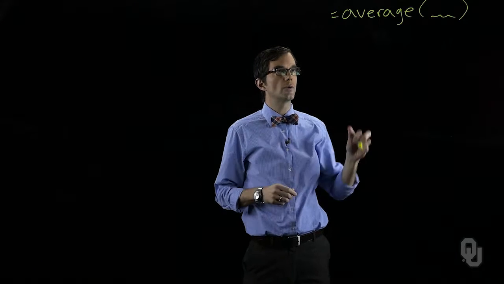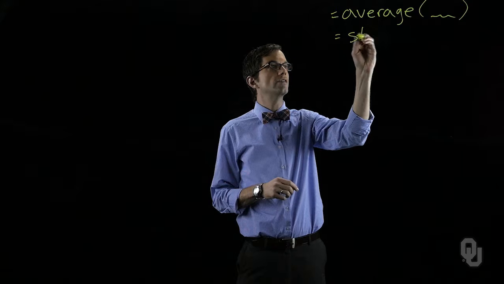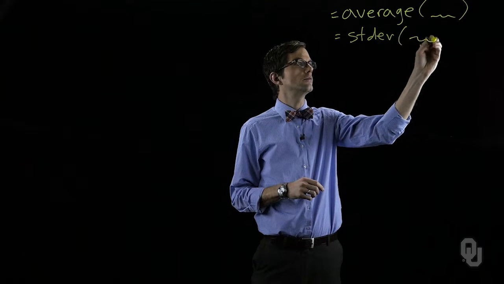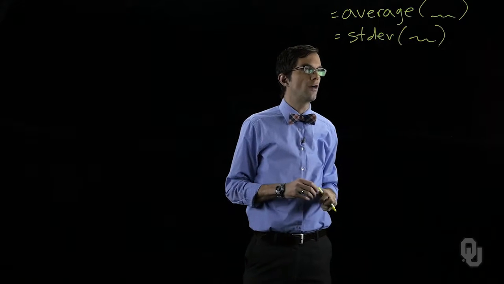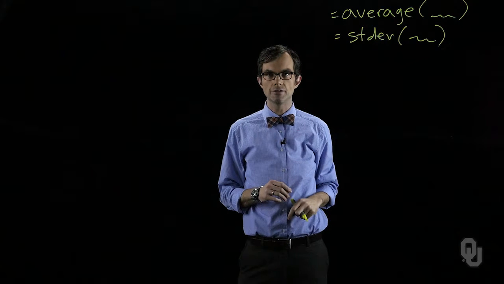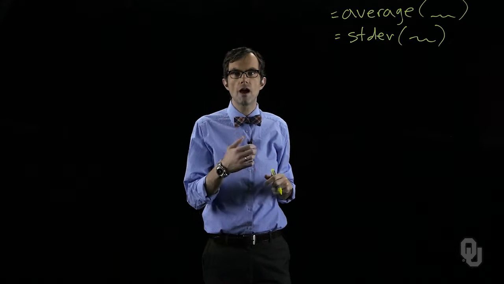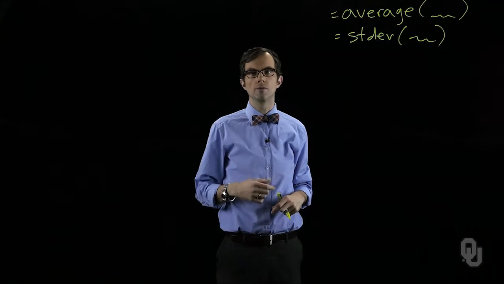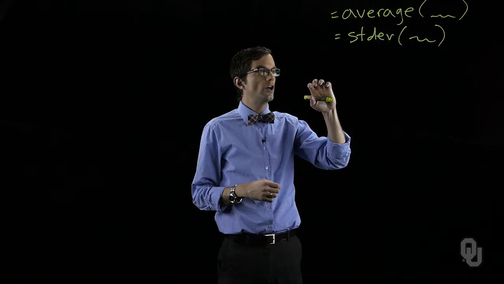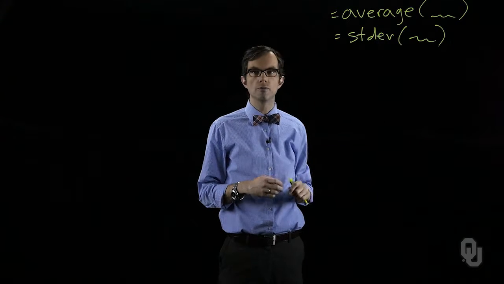And also in Excel, we can use the stdev function for our range of observations to find the standard deviation. So now what I always like to do whenever I solve these problems is to enumerate all the things I know about the problem first.